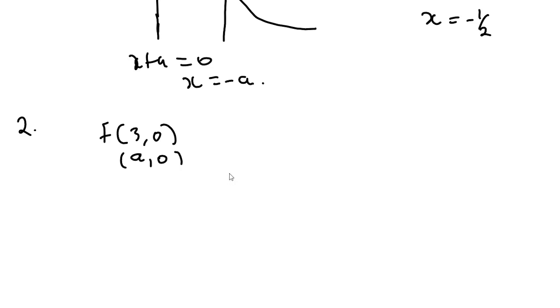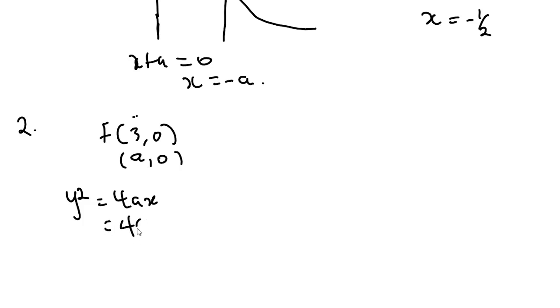So the equation is in the form y squared equal to 4ax. So it means that our a is 3, comparing to this.